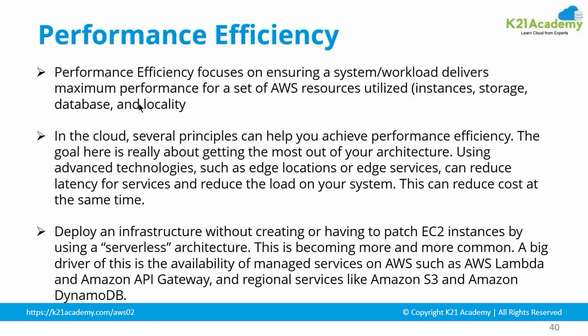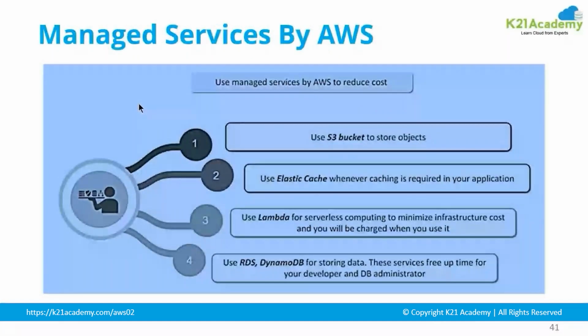For performance efficiency, Amazon says that you should use managed services, opt for serverless architecture, and use auto scaling features to create a high performing infrastructure. For storage, you can use a bucket. For cache, you can use ElastiCache. For small functions, you can use Lambda.